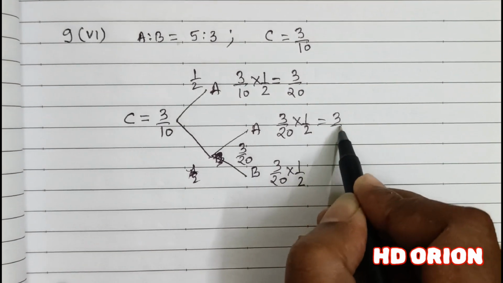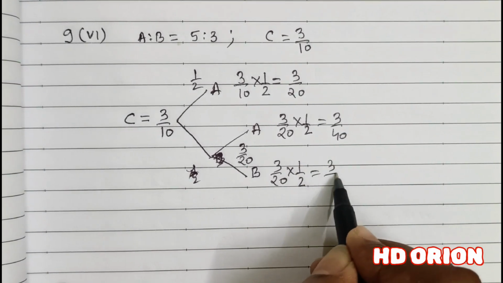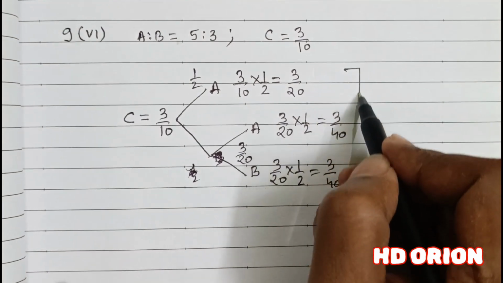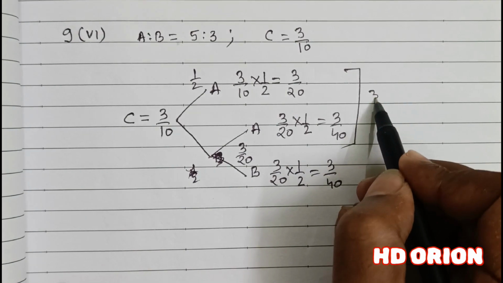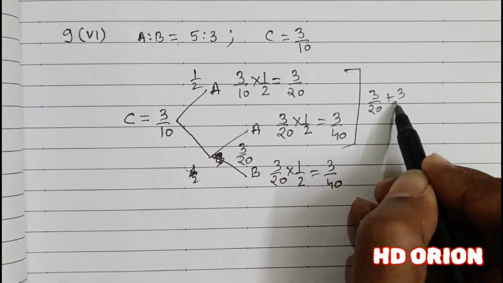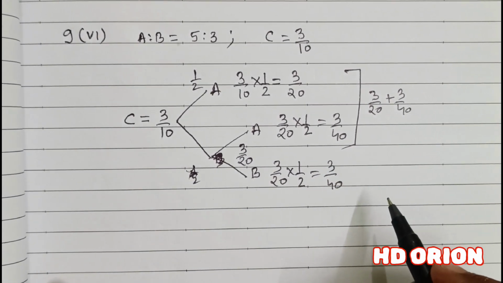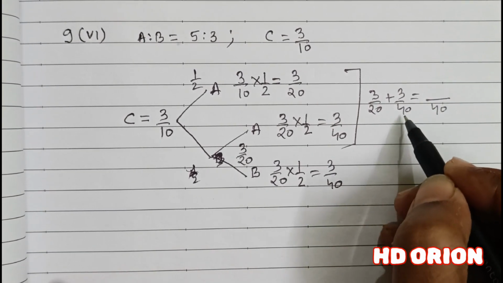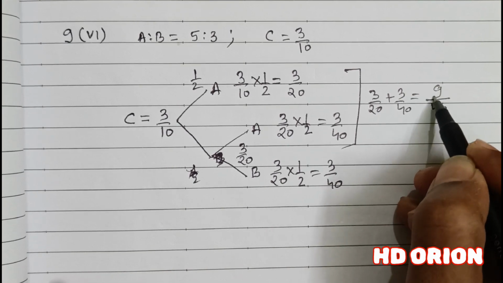It means 3/40, and here also 3/40. So how much has A sacrificed? A has sacrificed 3/20th plus 3/40th. When you solve this, you will get LCM as 40, and here it is 6 plus 3, 9/40.